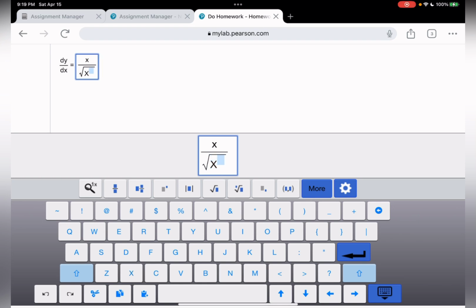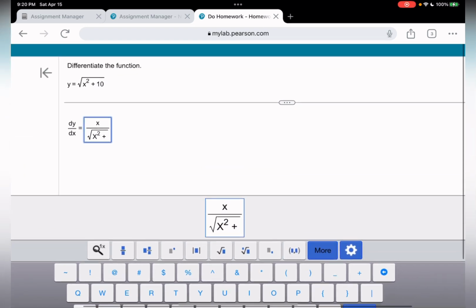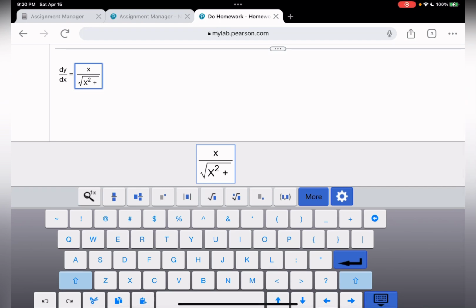X squared. Okay, looks like it's going to work this time. Plus, there we go, I got it. Plus how much did we have? 10. Okay, we got it.